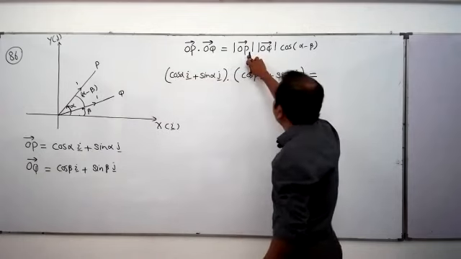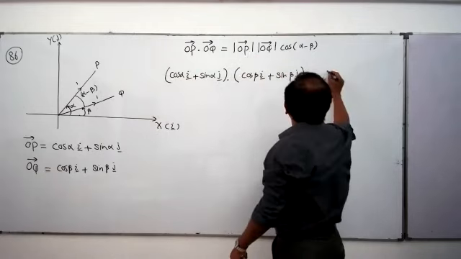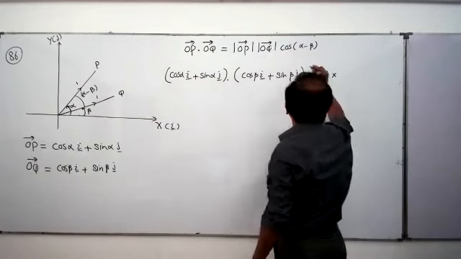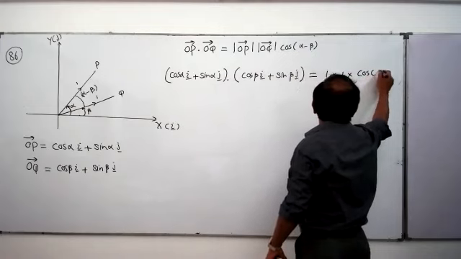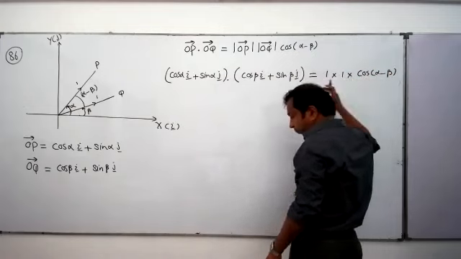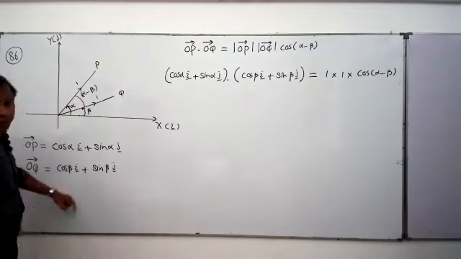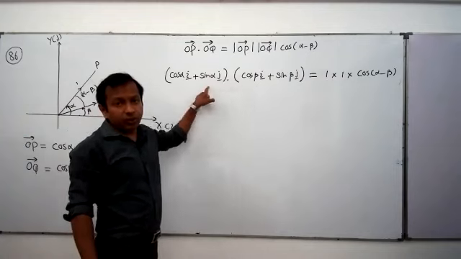What is the OP vector modulus? OP is a unit vector, people. It is 1, multiplied by the OQ vector modulus, also 1, multiplied by cos alpha minus beta. Now you know how to simplify here. Take the dot product between these two brackets.